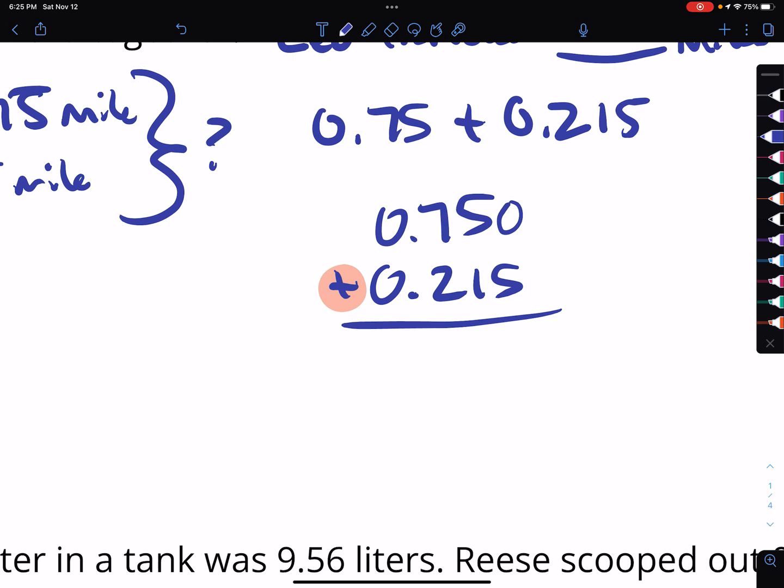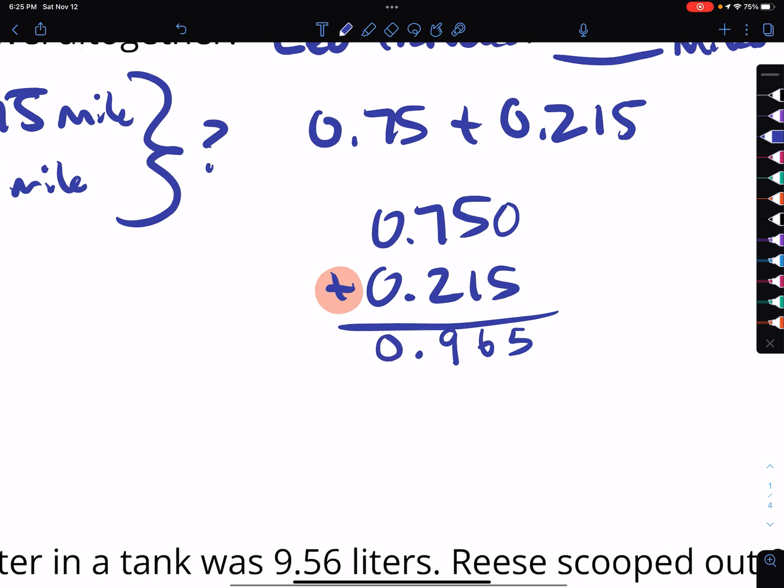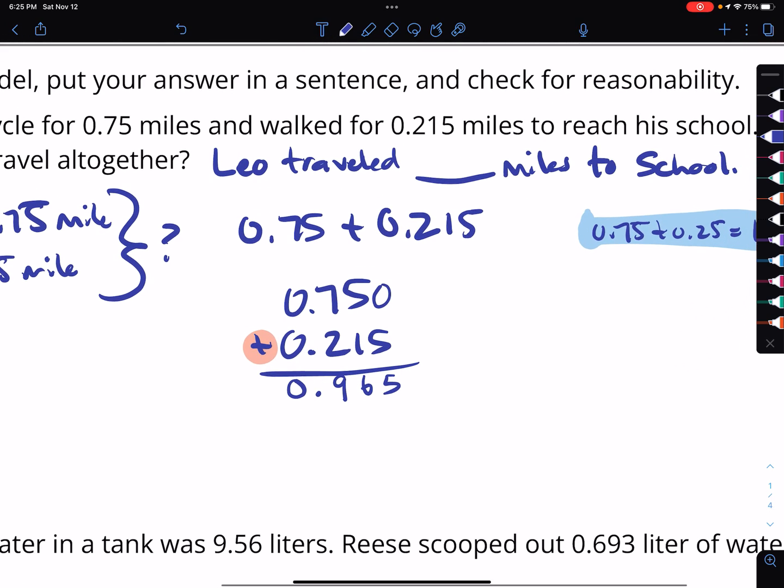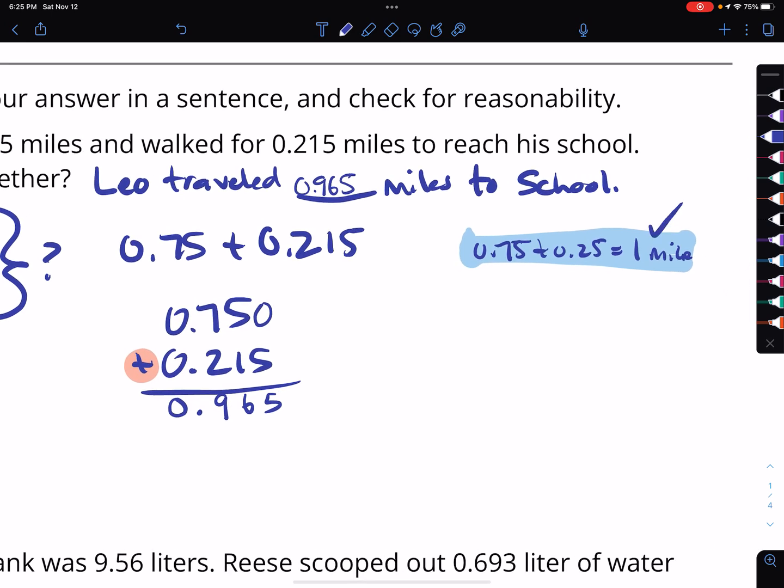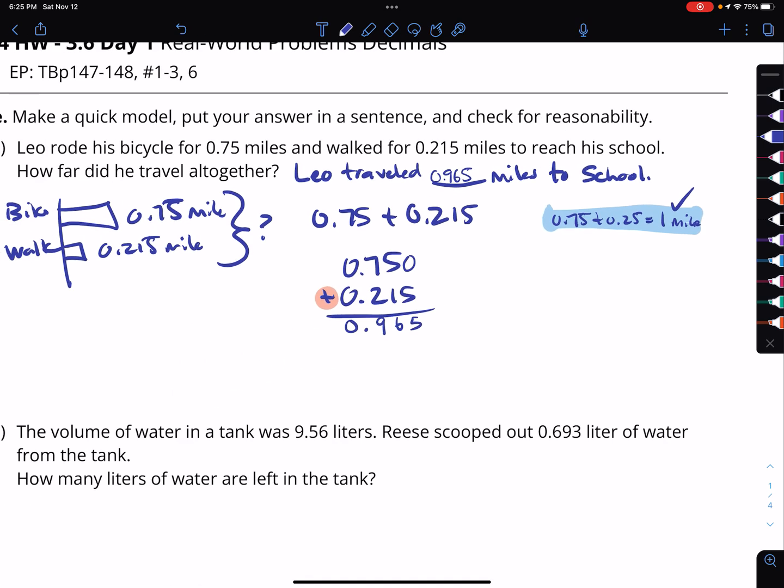So now I can just add. 0 plus 5 is 5, 1 plus 5 is 6, 7 plus 2 is 9, and there we go. Definitely need that decimal point. So Leo traveled 965 thousandths of a mile to school, and that seems to check out with my estimation at the start.